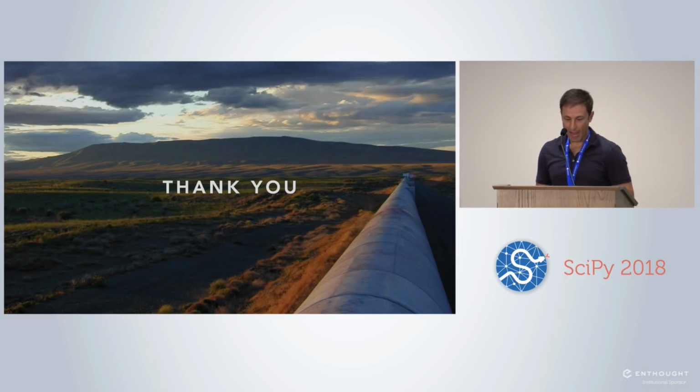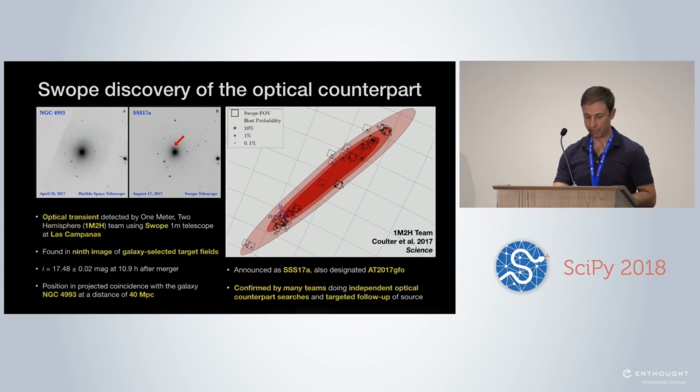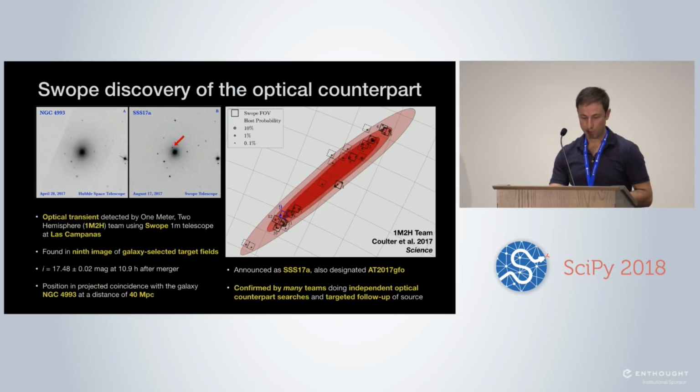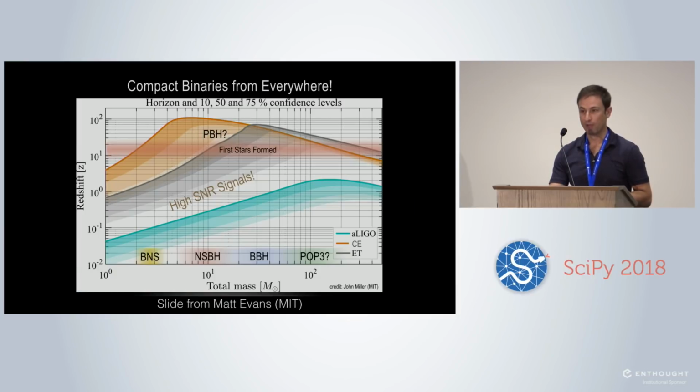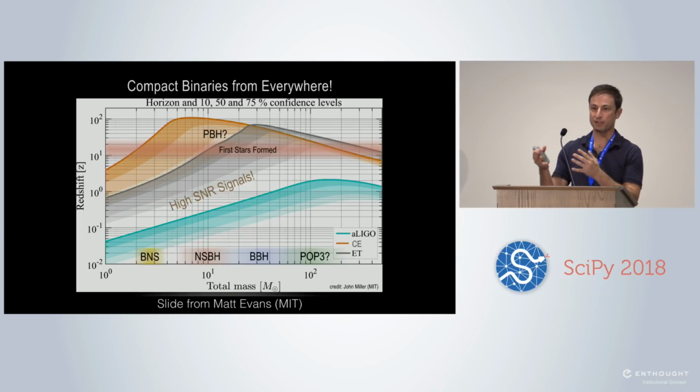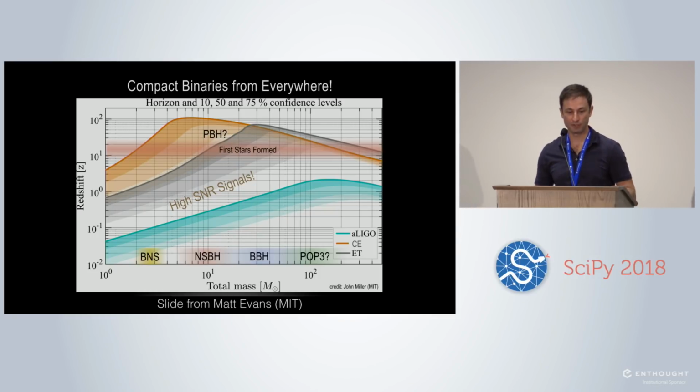I don't know the answer to that because stellar evolution and population synthesis is not my area of expertise. But one of the cool things is that with the next generation of detectors, we'll be able to look back far enough to look at epochs in cosmic history where we expect there to be a lot more Population III stars.